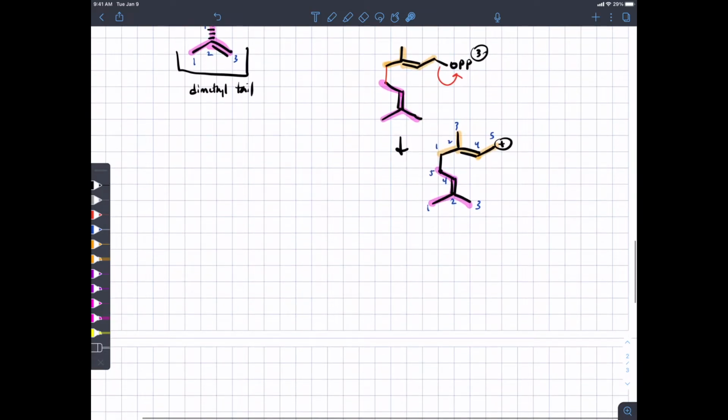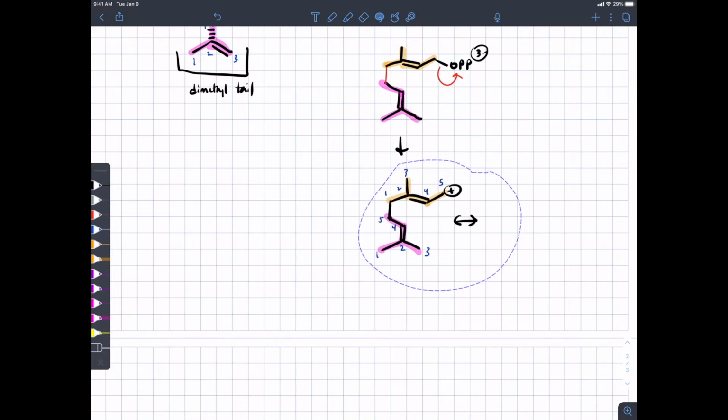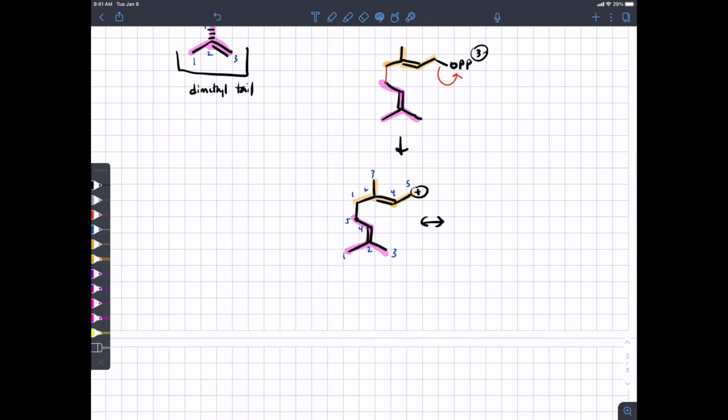So what happens here is that this is a resonance stabilized carbocation, so the positive charge on carbon 1 can also be on carbon 2. It's resonance stabilized though, so there's a barrier to rotation around this bond between orange 2 and orange 4.